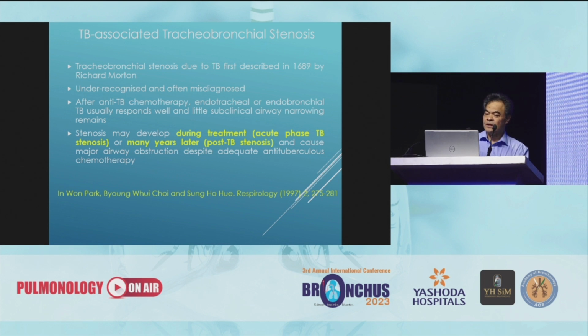and even after a standard anti-TB chemotherapy, the airway narrowing usually responds well, and a little subclinical airway narrowing remains, but the stenosis may develop during treatment. The term I use is acute phase TB stenosis, or many years later, the term that we are more familiar with, post-TB stenosis.